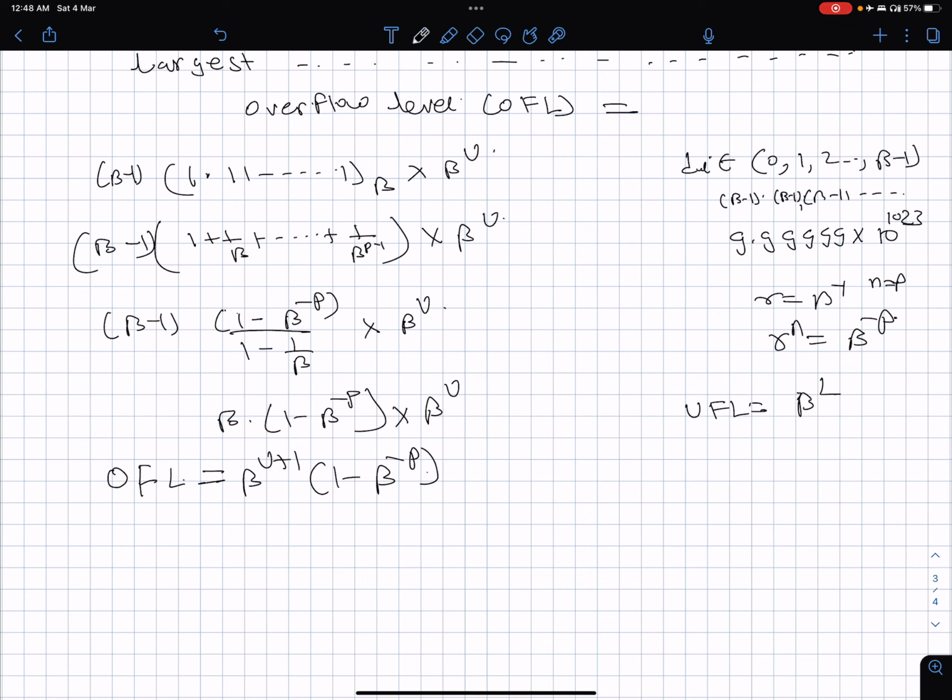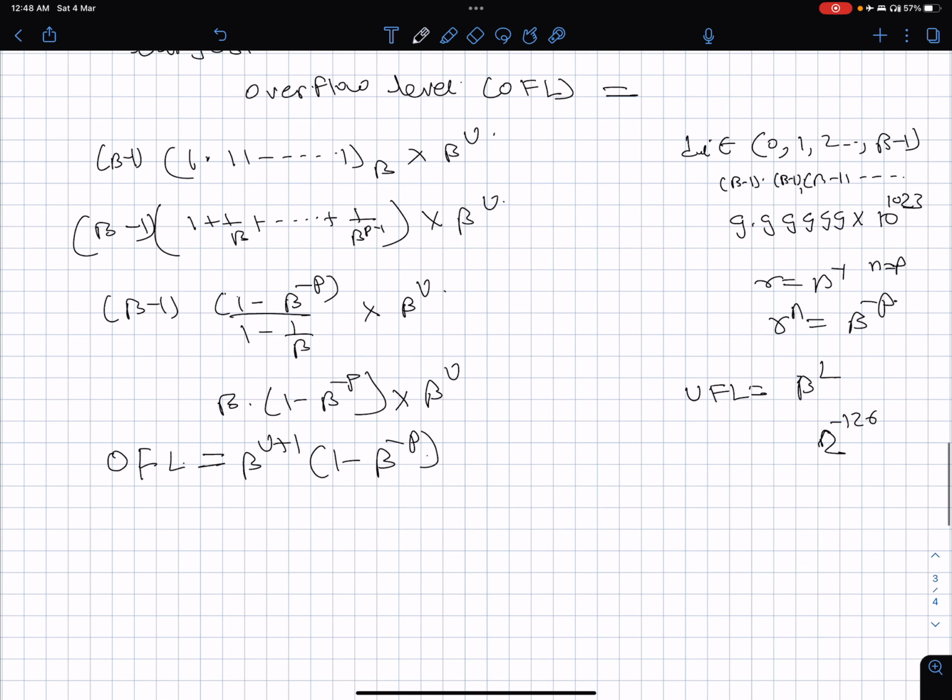So beta being 2, the underflow limit is going to be equal to 2 to the power minus 126.